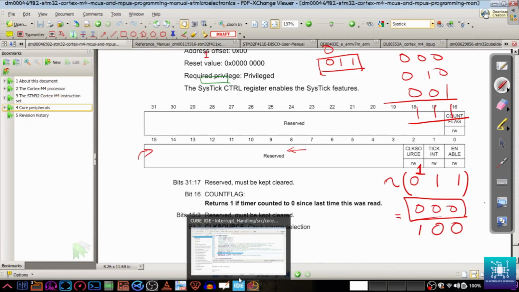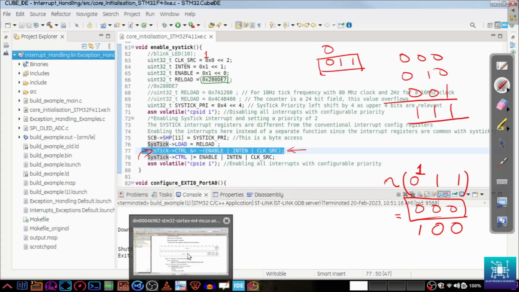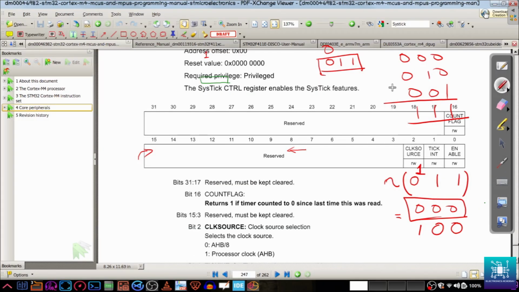And in the next line, when I'm just doing an OR, the clock source value is 0 0 0 now, and if this value was a 1, because we failed to clear it previously, the clock source would remain as a 1.